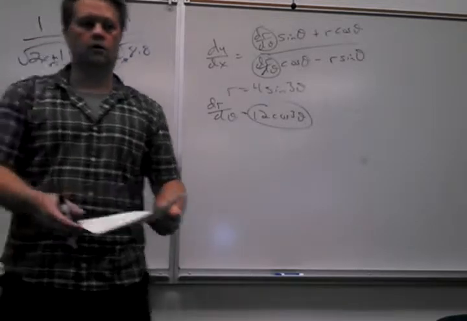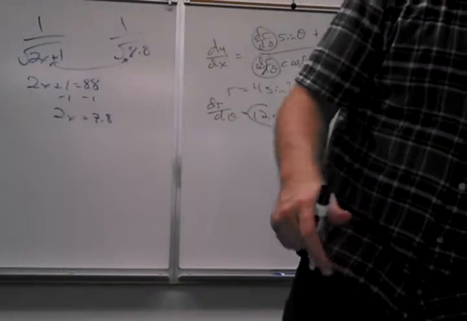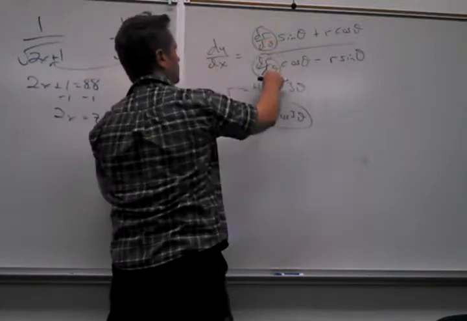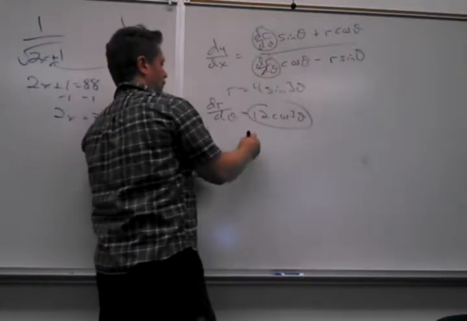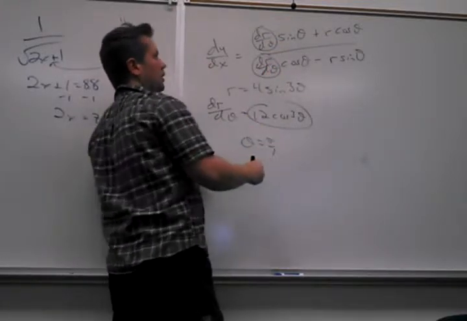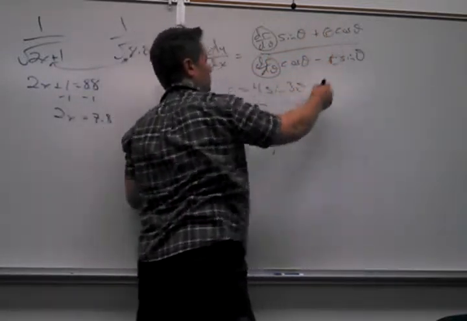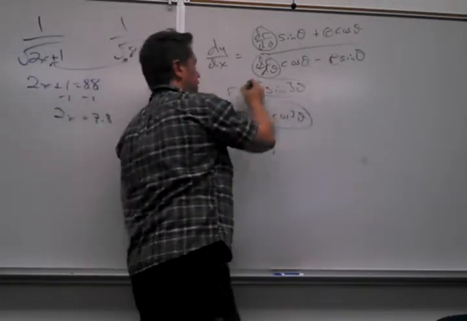Well, I did already. It's right here. Does that make sense? So yeah, just plug this here and here. Plug in pi over 3 for theta, and just see what you get. What goes here? And here? 4 sine 3 theta, because that's what r is.